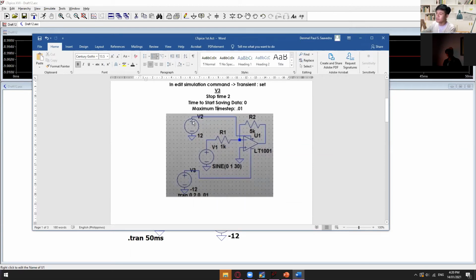So pwede nyo ibahin basta parehas yung wiring, parehas yung design. Ano naman design? Yung tawag dito, schematic. Okay? So pwede nyo ibahin basta parehas. Ang gulo, pwedeng ibahin pero parehas. Anyway, basta hindi eksaktong ganito. So you can have your own design or schematic.